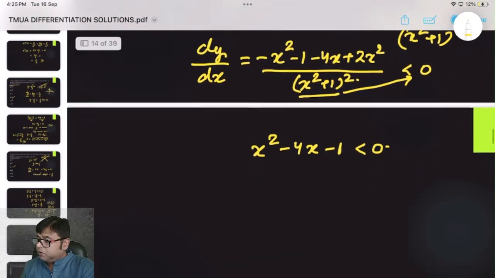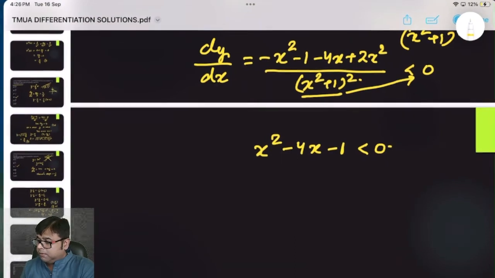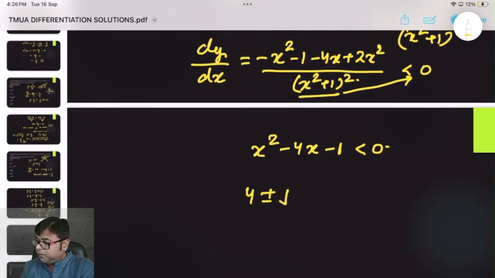So if I find the roots, it will be 4 plus minus under root of b square, which is 16, plus 4, upon 2.